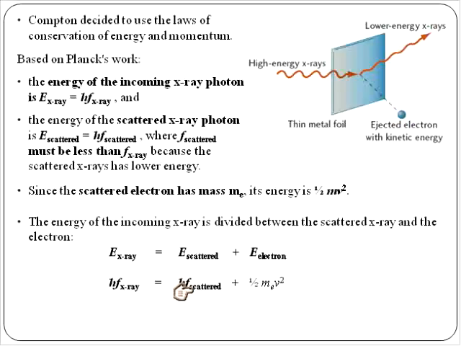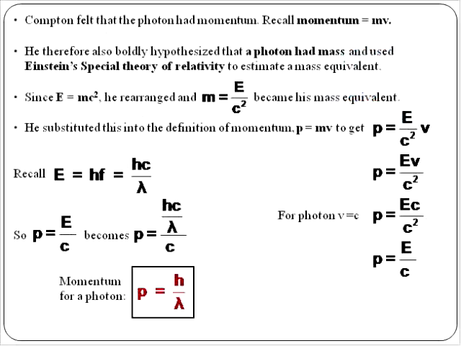He said that if this occurs, then the law of conservation of momentum would also apply. So Compton is best known for his contribution to the idea of photon momentum. Compton really believed that photons did have momentum.